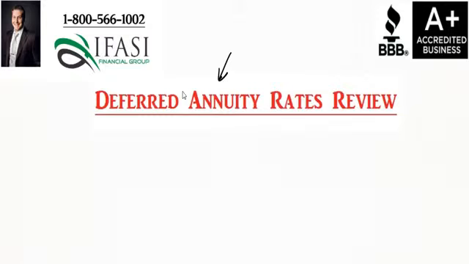So what happens with deferred annuities is we understand that there's going to be some sort of deferral set up for this type of plan. So let's say that an individual is age 55 and he's looking to retire at age 65.